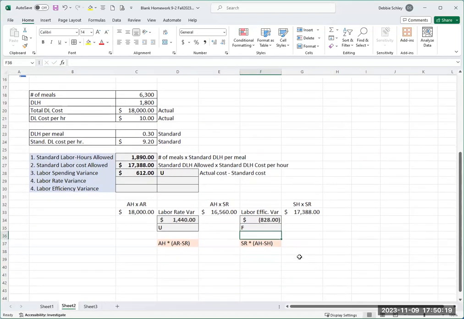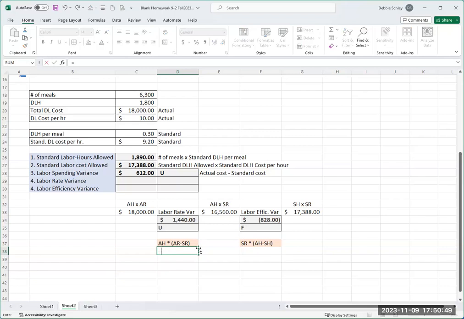Now, what I was showing you before, actual hours times actual rate minus actual hours times standard rate, both of them have actual hours. So I can take out actual hours times, in parentheses, the actual rate minus the standard rate, and that will get me the same labor rate variance. I'm going to show you that on this one.